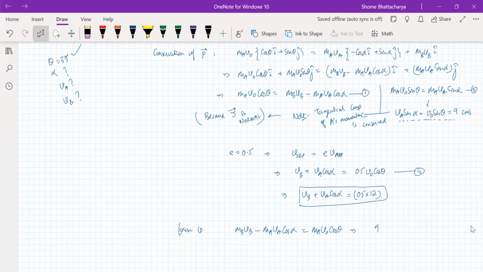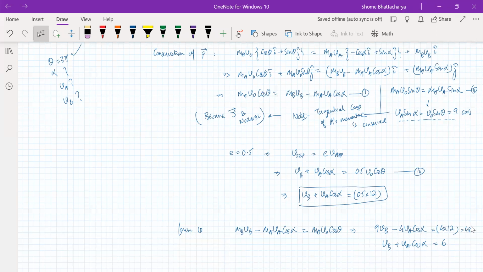So we have 9 VB minus 4 VA cos alpha is equal to 4 into 12. And if we compare this equation, VB plus VA cos alpha is equal to 6.